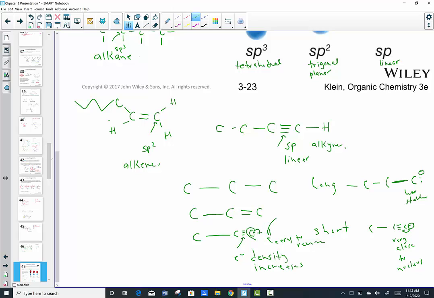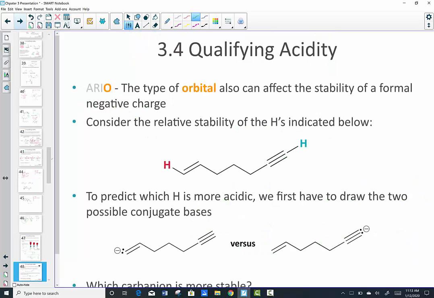Easier to lose this proton because the negative charge is going to be stabilized. Just think about that negative ion that forms, it's much more stable with this electron-rich area. It's closest to the nucleus, and that's where positive charges are, the nucleus, and therefore that creates stability.